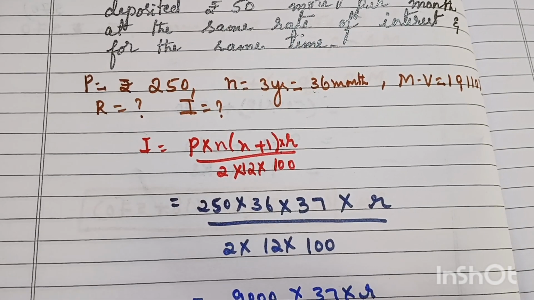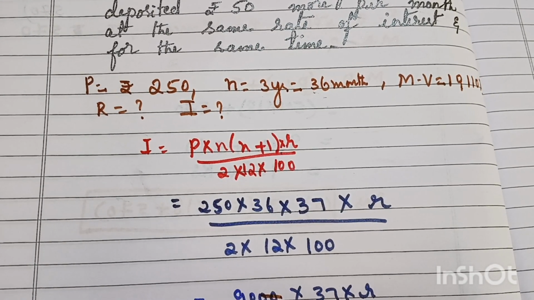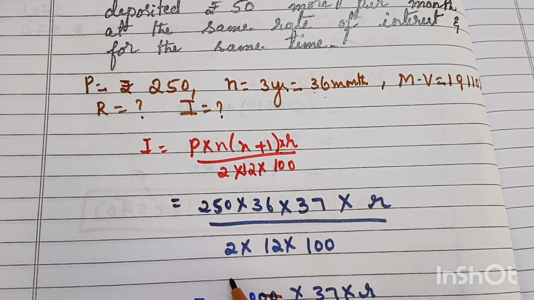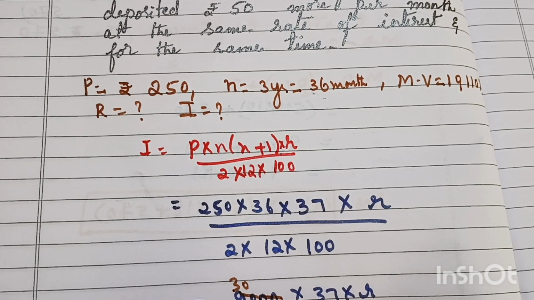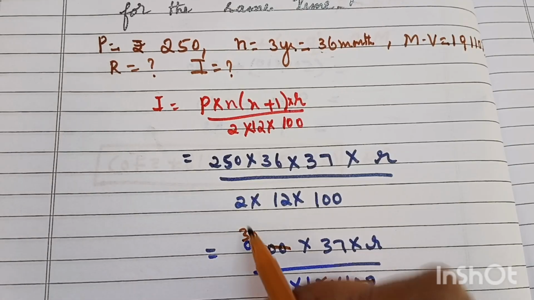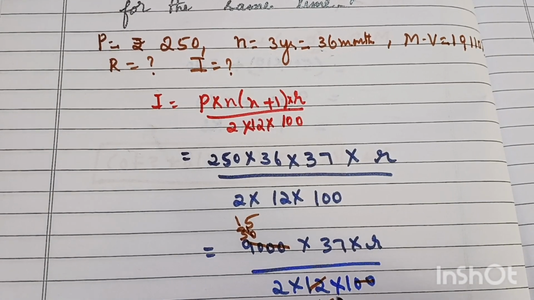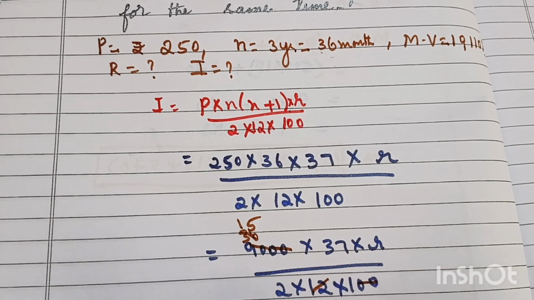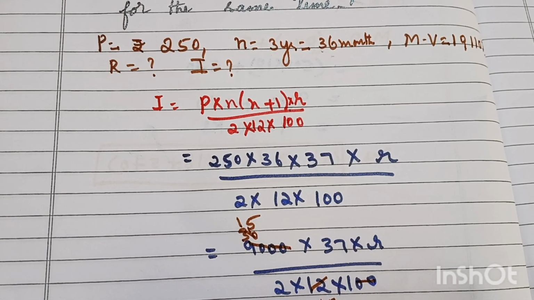Okay, so here 20 cancel, then 3 4s are 12, 3 3s are 9, 2 2s are 4, 2 1s are 2, 1 carry, 2 5s are 15. Okay, 0 0 cancel, 3 30s are 90 and 2 15s are 30. Now we have to multiply 15 into 37 divided by 2.